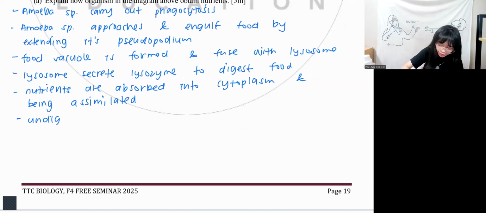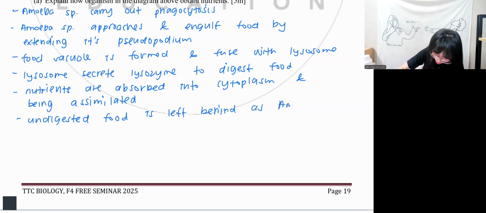Last sentence, undigested food is left behind as amoeba species moves forward.